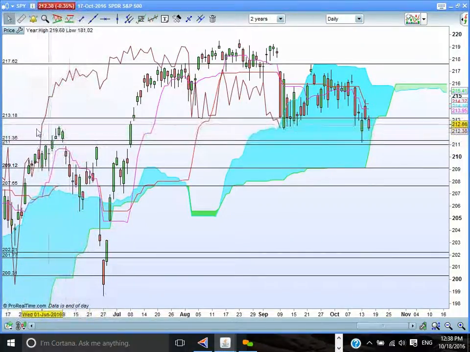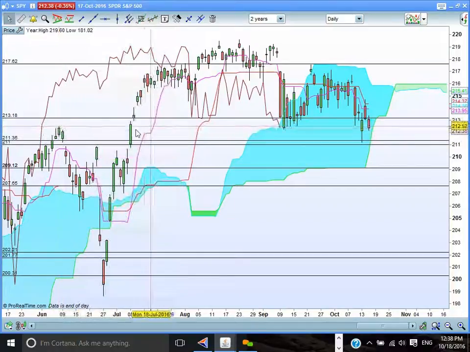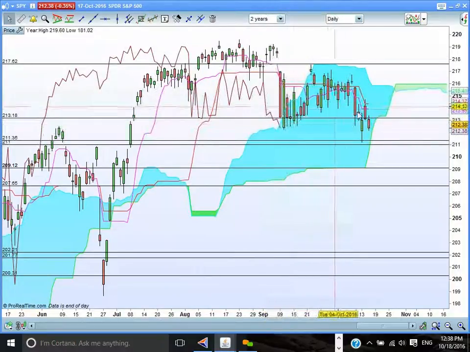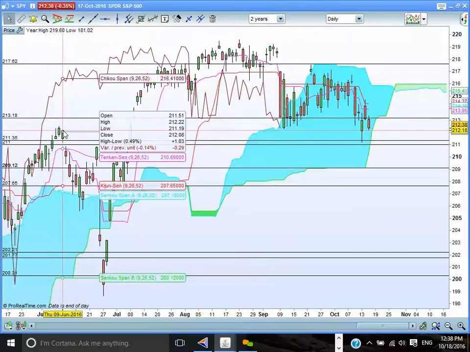So you can see where the market broke out above the 212 area, had a nice rally, and now is busy with a consolidation or pullback. So we've had the breakout, and it's come all the way back to retest this previous resistance area to see how good it is for support.